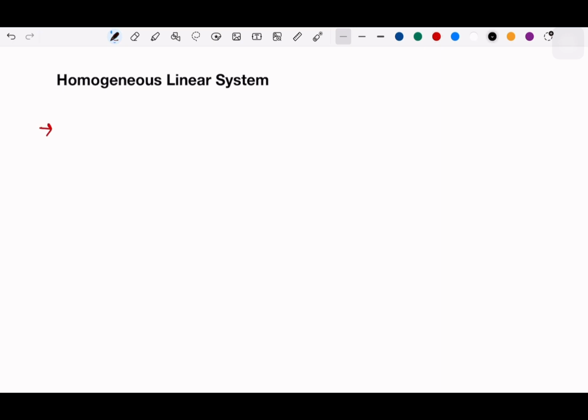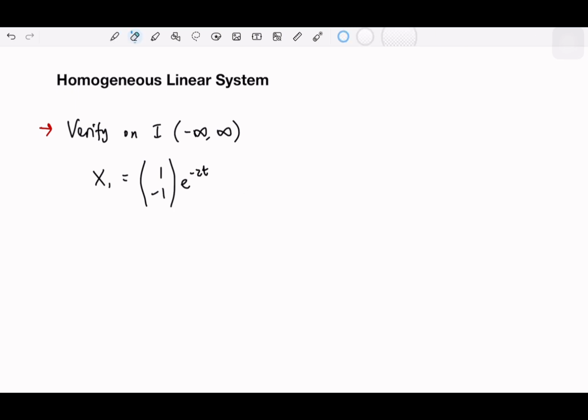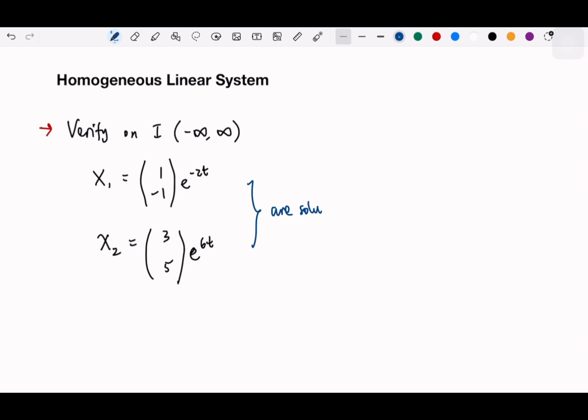Suppose that we are going to verify on the interval, for all the interval here, that we have x1 and we have x2, these two are solutions.